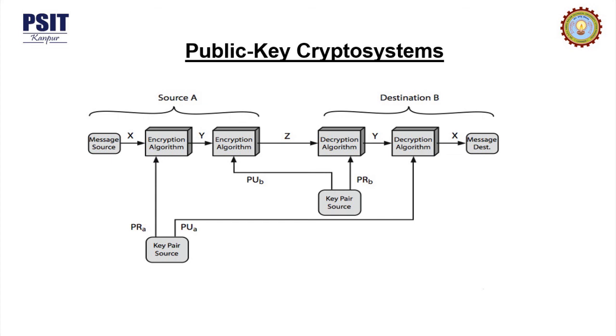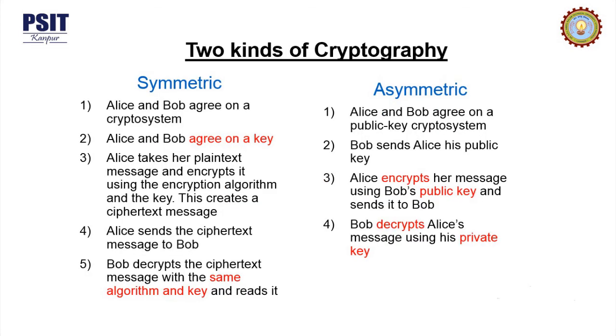Here, some points related to symmetric and asymmetric cryptographic techniques are explained with the help of an example. In symmetric cryptography, for example, Alice is the sender and Bob is the receiver. Alice and Bob agree on a cryptosystem and on a certain key. Alice takes her plaintext message and encrypts it using an encryption algorithm and that key.